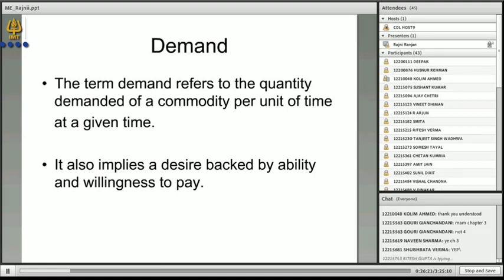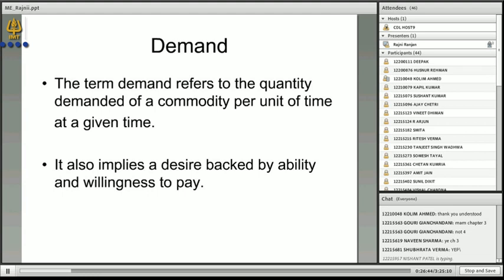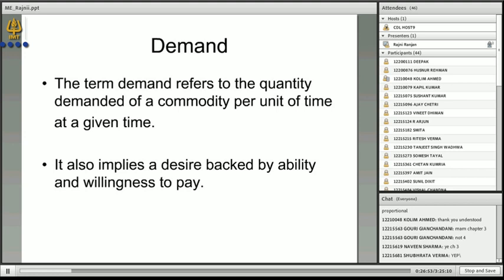Okay. Now we start off with this chapter, that is demand. It is a very interesting one, and of course, it is very important and vital for any decision that has to be taken in any organization. The reason being that when demand is analyzed, many strategic decisions are taken by the organization based on that, and the better the demand forecasting, the organization is able to optimize its inventory, which results in reduction of cost also.